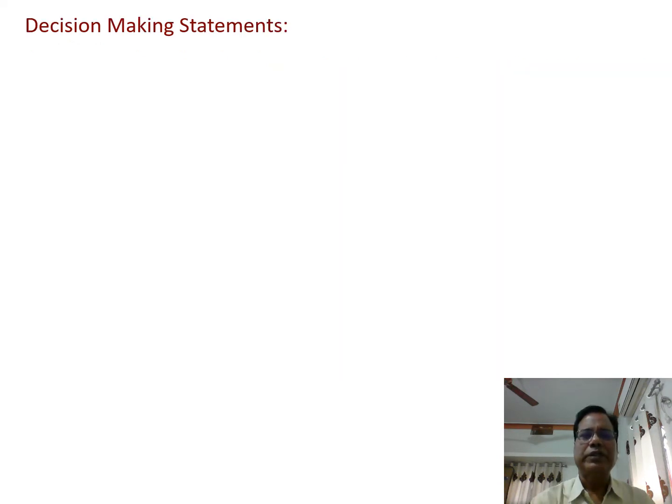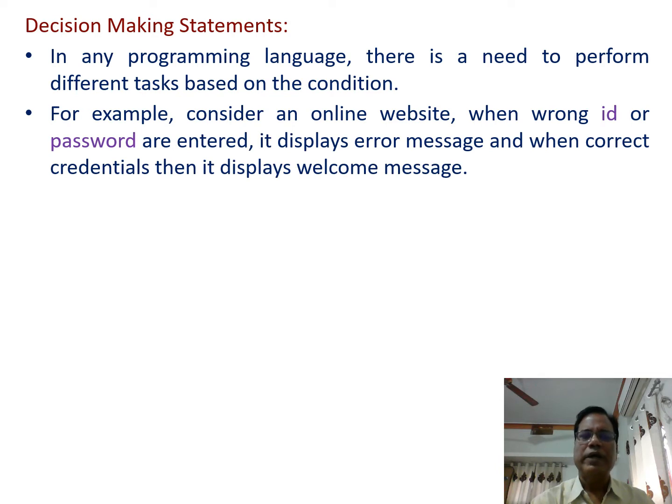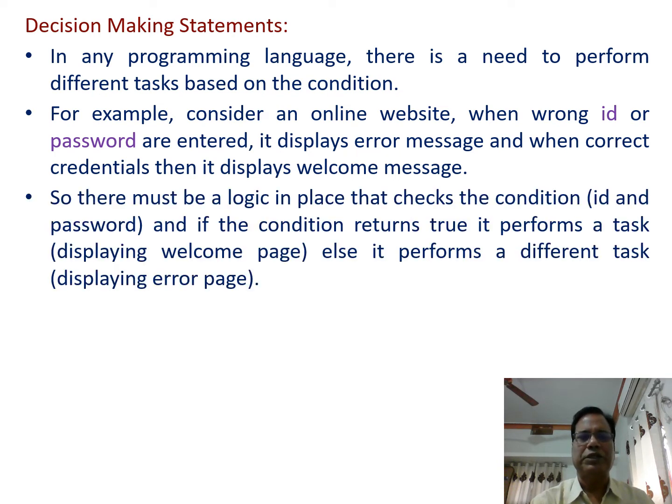Now let us discuss the decision making statements. In any programming language, there is a need to perform different tasks based on a condition. For example, consider an online website. When a wrong ID or password is entered, it displays an error message, and when correct credentials are entered, it displays a welcome message.